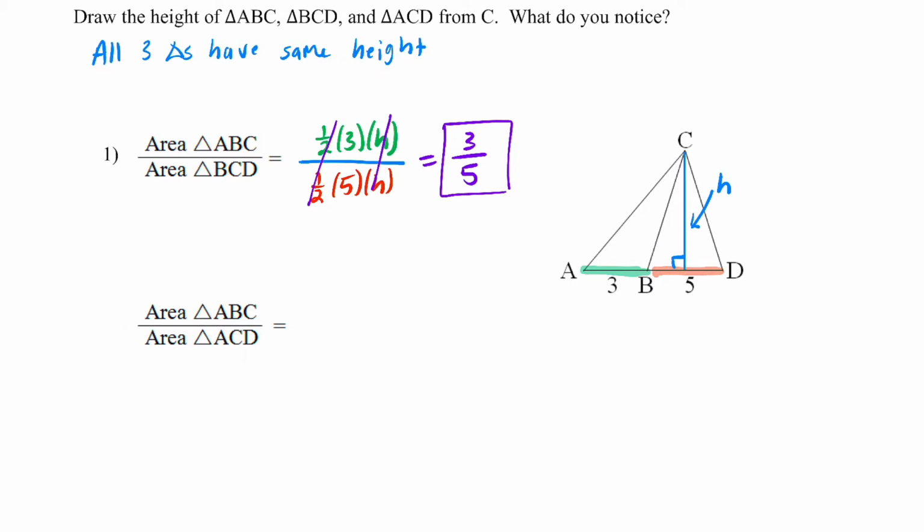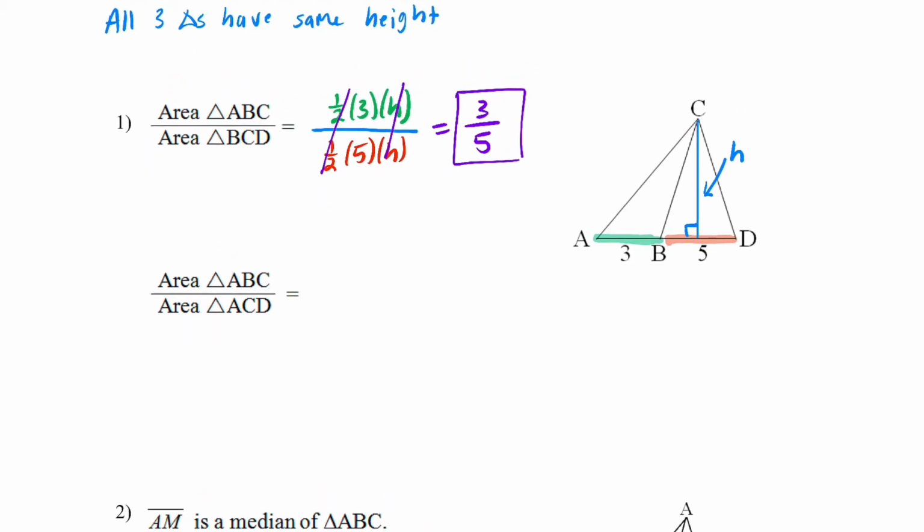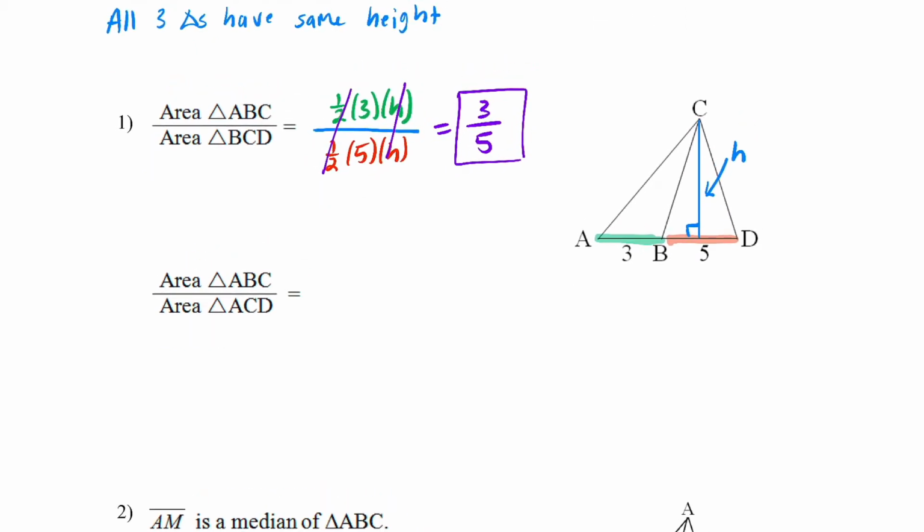So using that idea here, let's set it up again. The next ratio asks us to find the area of triangle ABC to ACD. So take a pause. What is triangle ACD? Oh, that's the largest triangle. Well, the problem didn't tell us how long its base is, but remember we can add those two segments together to figure out that its base has a length of 8.